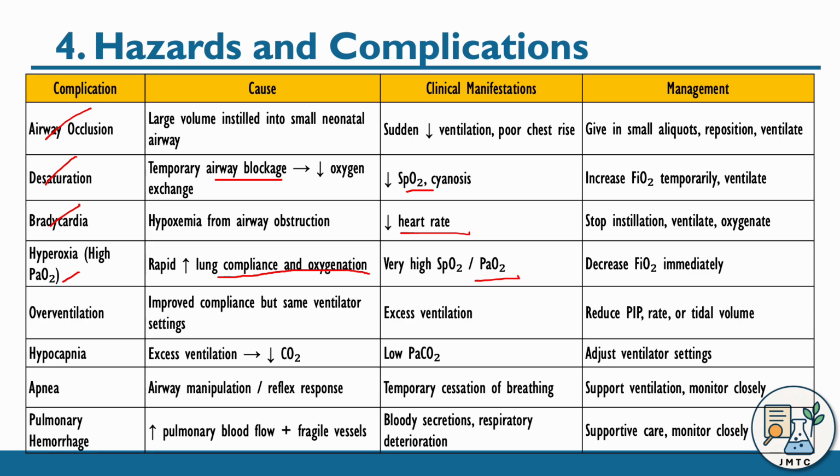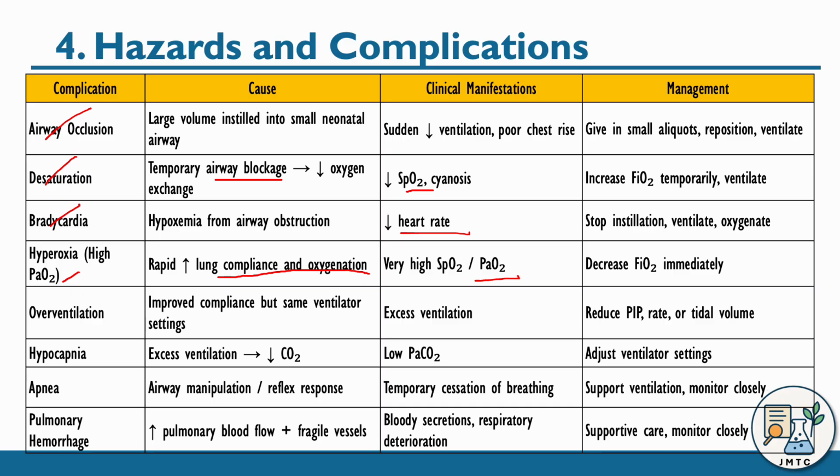Why is this dangerous? Kapag masyadong mataas yung oxygen, there's a risk for retinopathy of prematurity or ROP. Ano ba yun? Disease of the eyes, yung retina natin in premature babies because of abnormal blood vessel growth. And it happens kapag may high oxygen. Kasi yung oxygen disrupts normal vessel development.